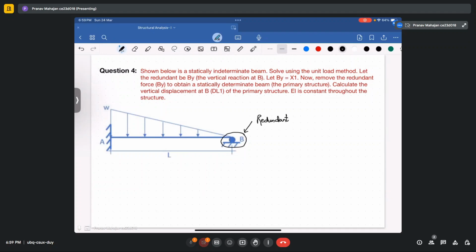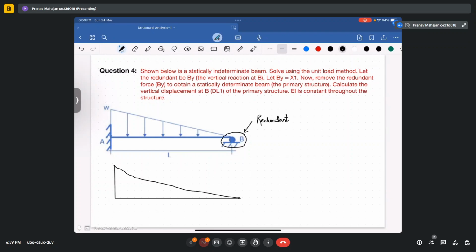If you remove this support at point B, your bending moment here will be a cubic parabola. No, it will not be a straight line. It will be a cubic parabola. Okay, so it will be like this.